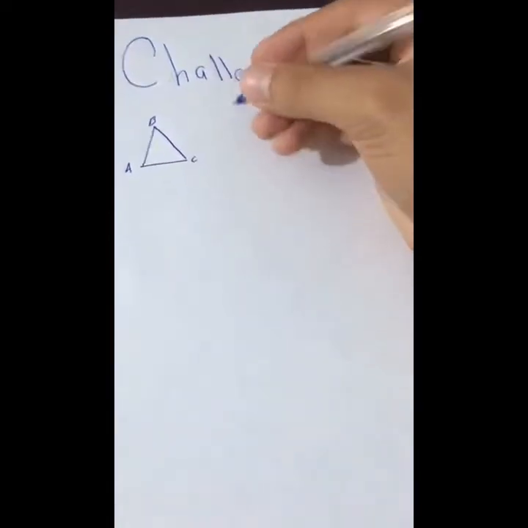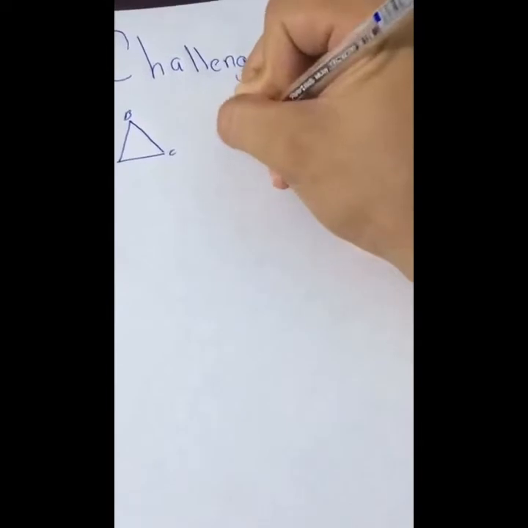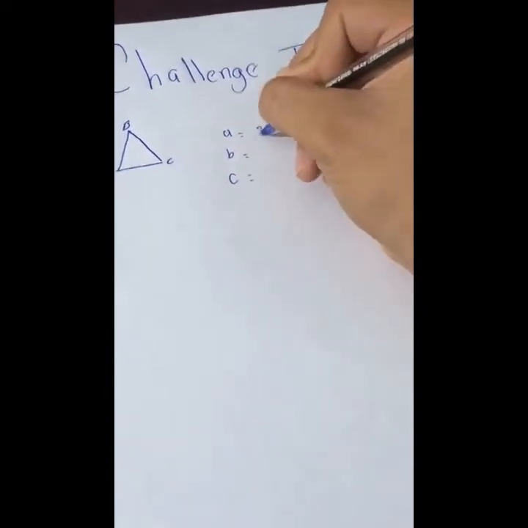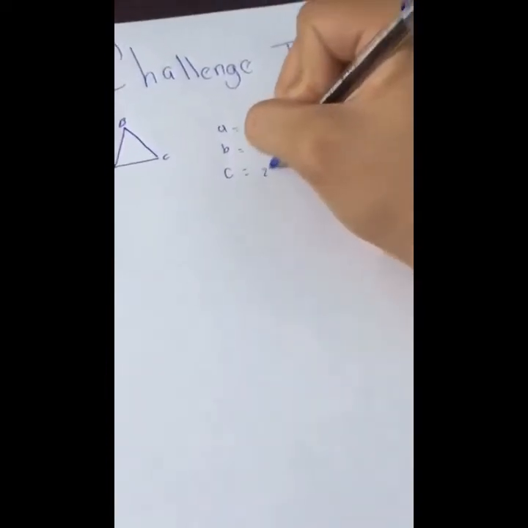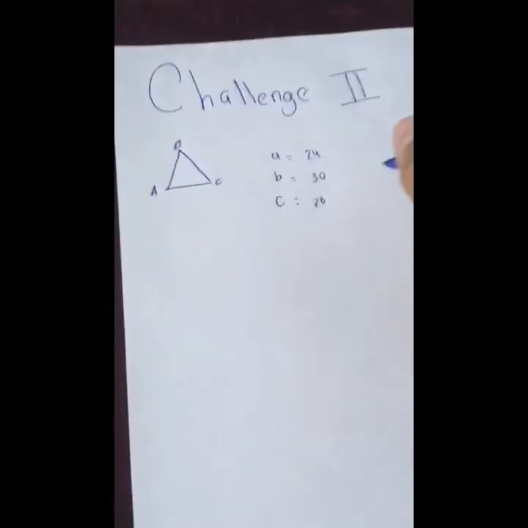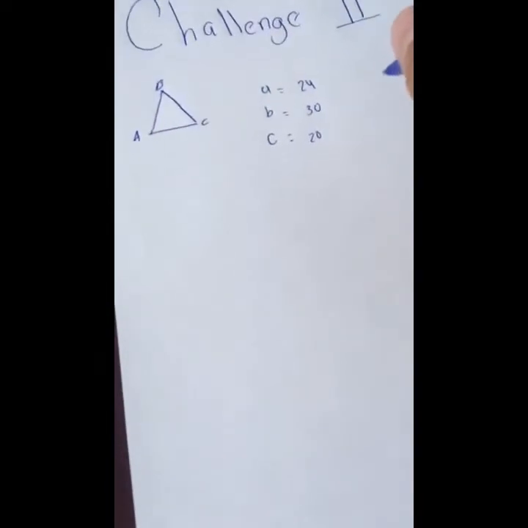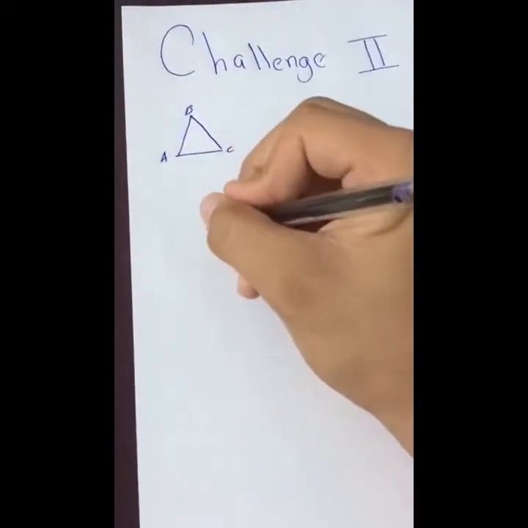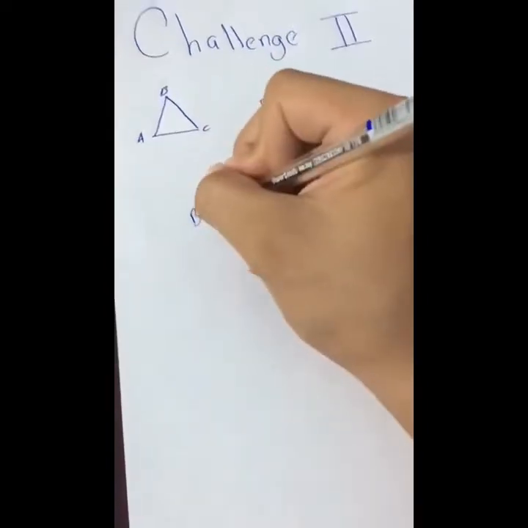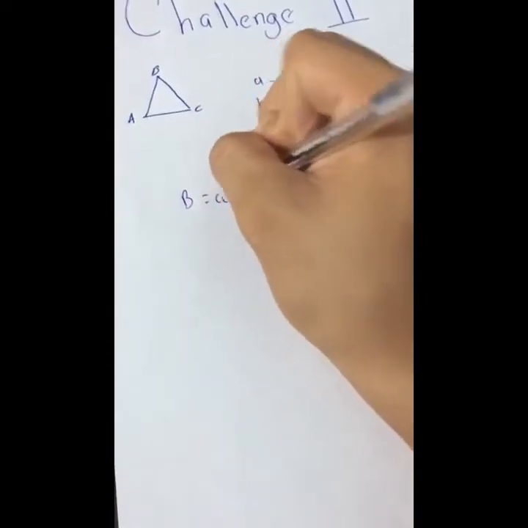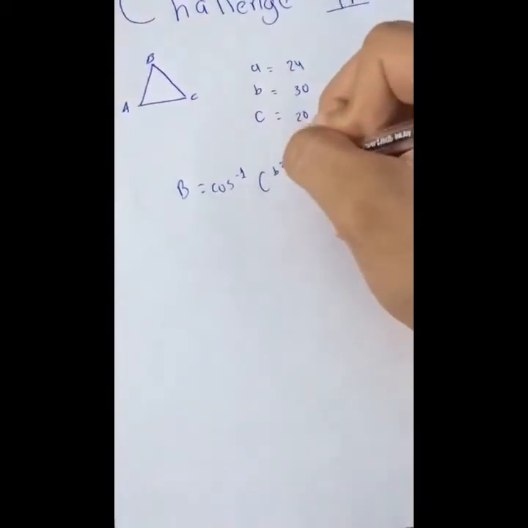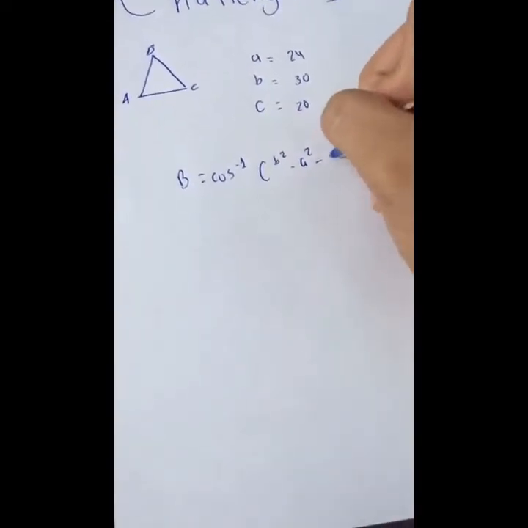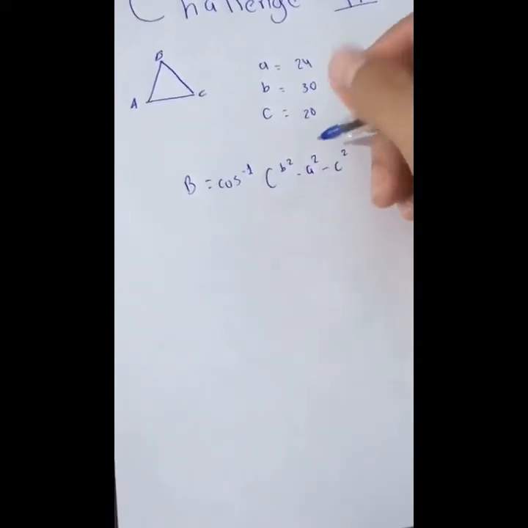These sides are A, B, and C. With this we're going to find the values of the angles, and first we're going to start with B. With this we're going to find the value of the angle B.